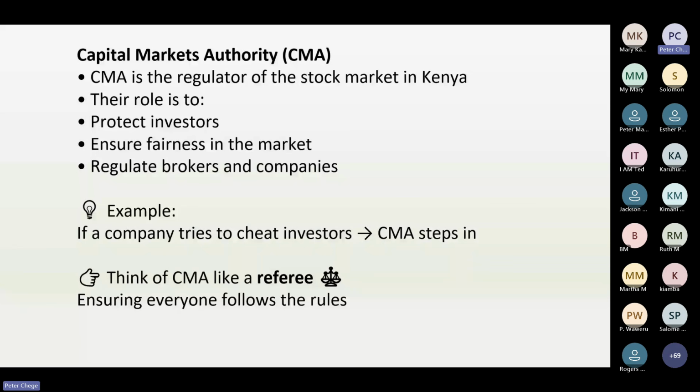Because brokers also behave like registrars. Have you ever called a broker, then they don't pick, or they pick and slam the phone on you? If that has ever happened, just quickly go to CMA.